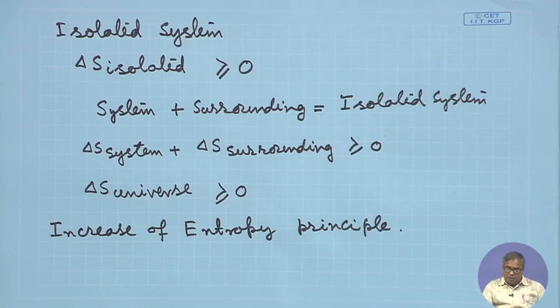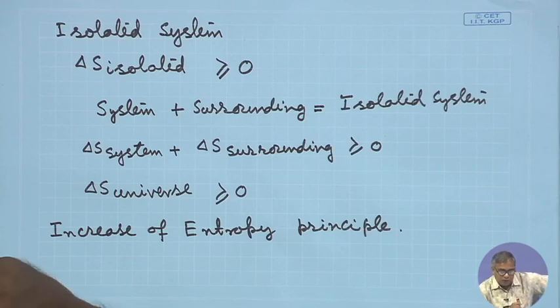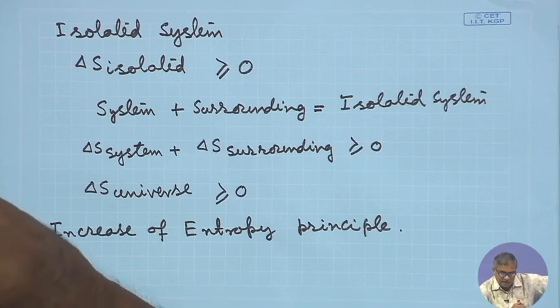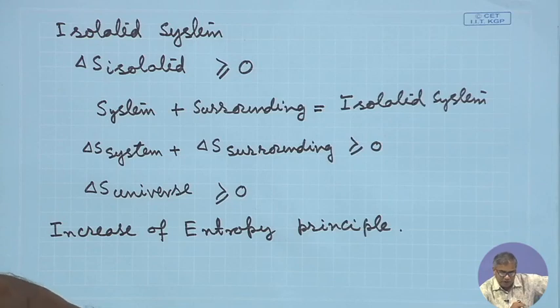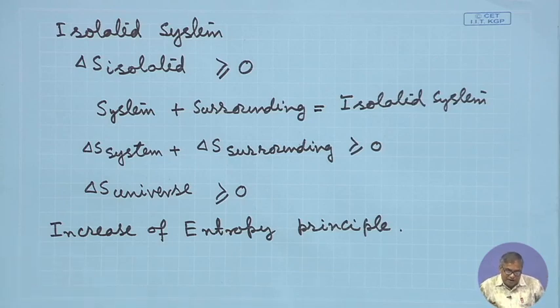And in the books of thermodynamics, you can find some sort of elaborate discussion on this. But for the present course, it suffices if we understand, appreciate and remember these two things. From the first law, we say that the total amount of energy remains constant. It can only change from one form into another.